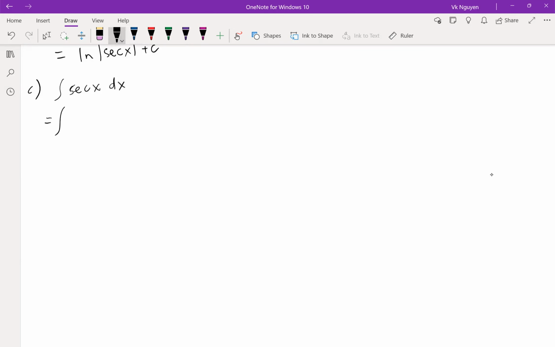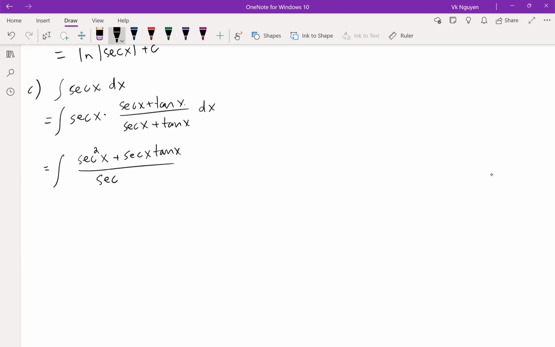We can multiply this by secant x plus tangent x over secant x plus tangent x dx. You'll see why I multiply by this in a bit. Now we have the integral, distributing secant x: secant square x plus secant x tangent x over secant x plus tangent x dx.